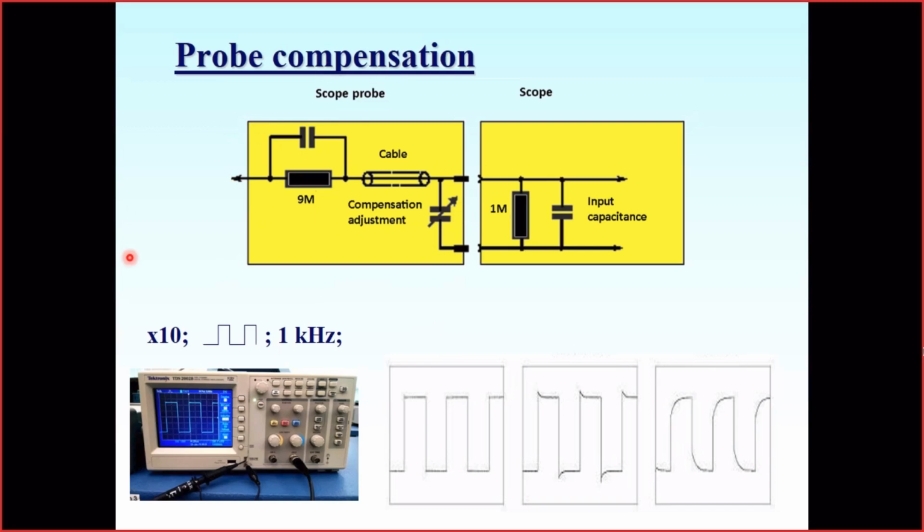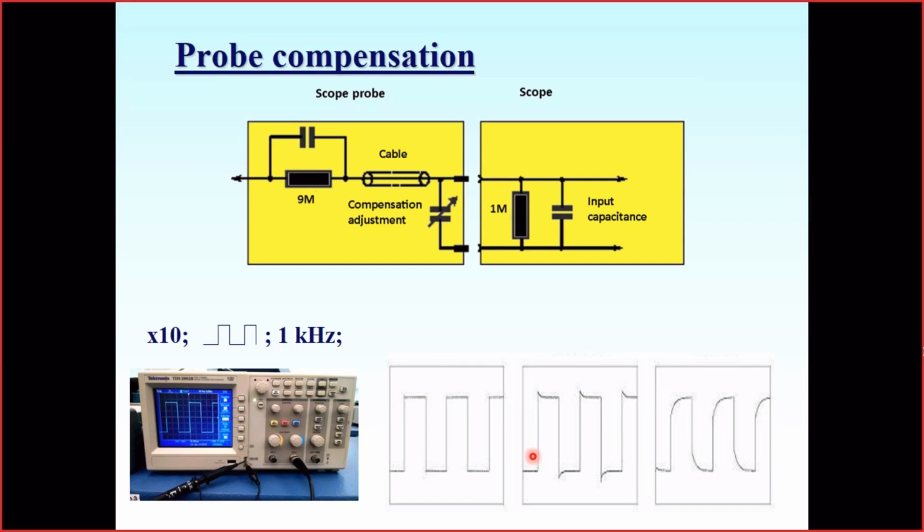We switch the probe to this 10-times attenuation, and we put this rectangular signal of 1 kilohertz on the input of the scope via the probe. And then we adjust the capacitor by turning the corresponding knob with a screwdriver until we have this 1 kilohertz signal depicted on the screen as accurately as possible.